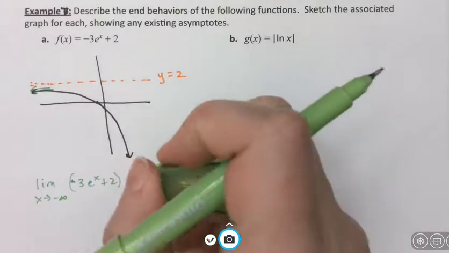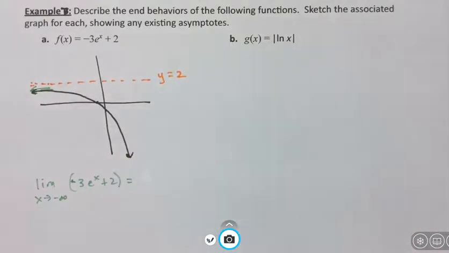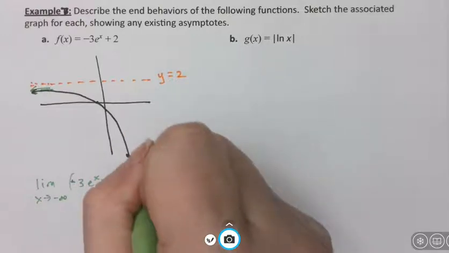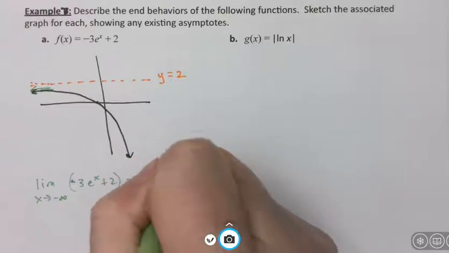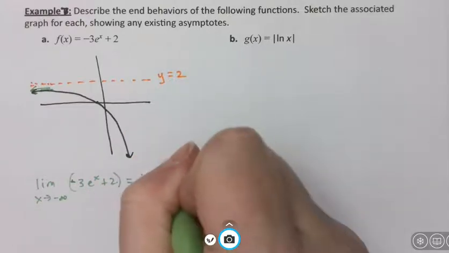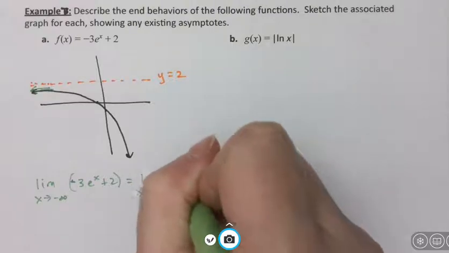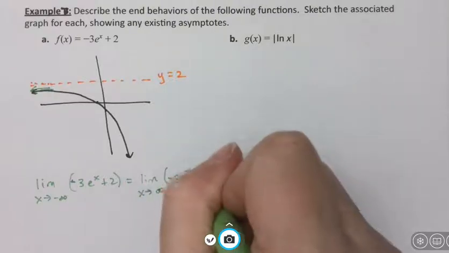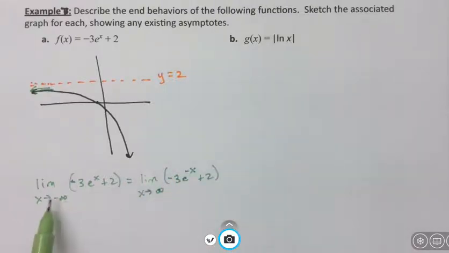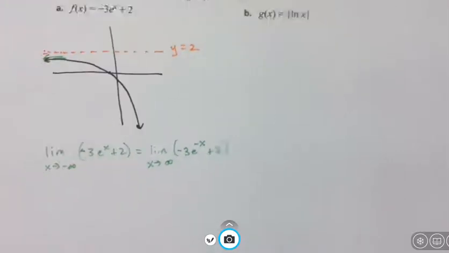Let me just show you something really quick. Since x is going to negative infinity, that would be the same as the limit as x goes to positive infinity, bear with me, of negative 3 e to the negative x plus 2. See, I went from negative infinity with an x here to positive infinity, but with a negative x. I'm sneaky like that. And it's true, right?